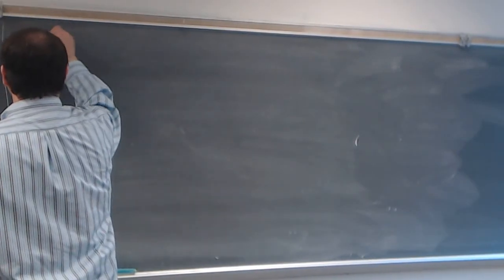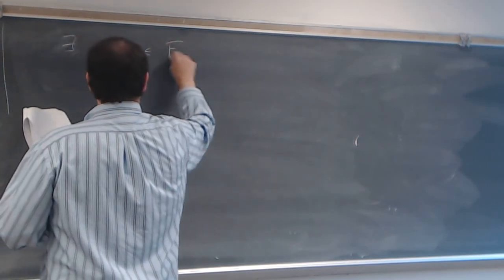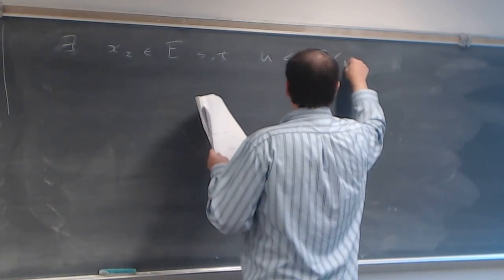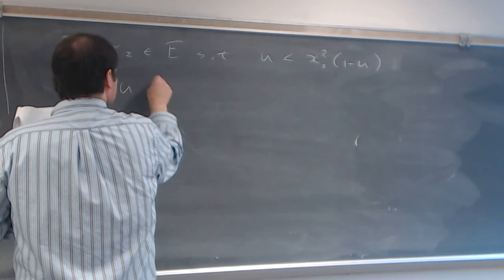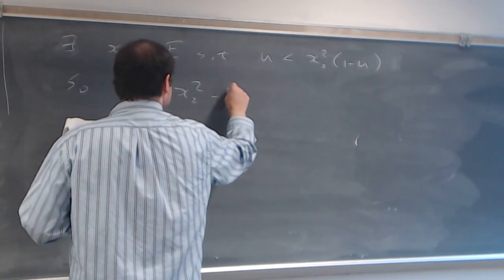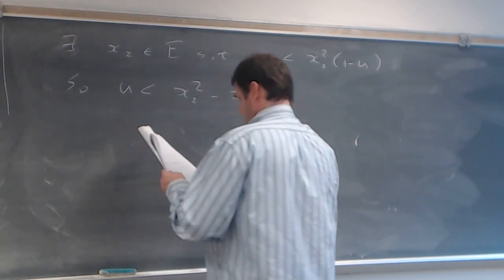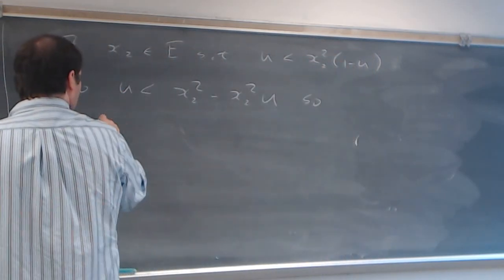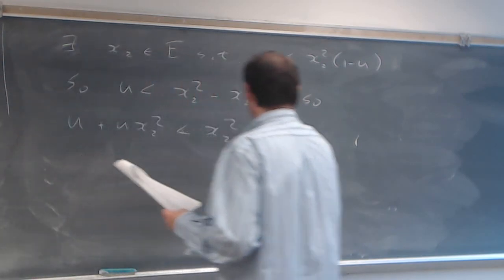What we have, we're almost done. So there exists an x of 2 in E such that u is less than x of 2 squared times 1 minus u. So u is less than x of 2 squared minus x of 2 squared times u. So u plus u times x of 2 squared will be less than x of 2 squared.